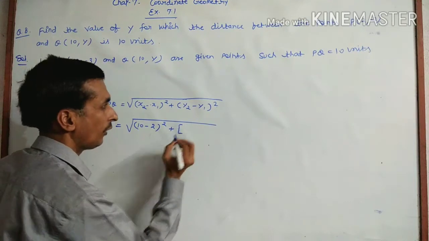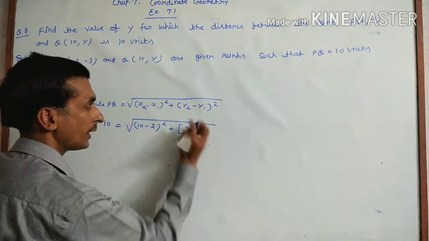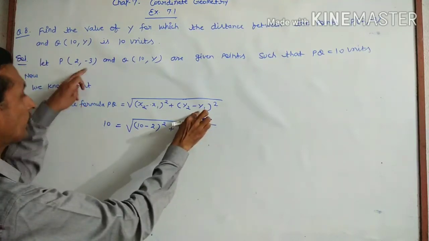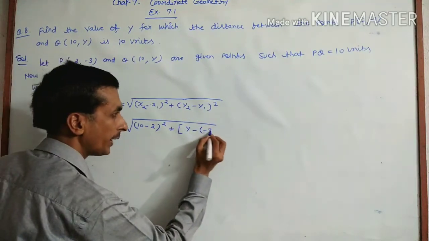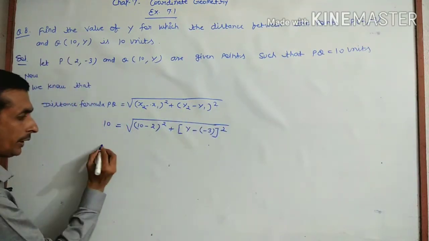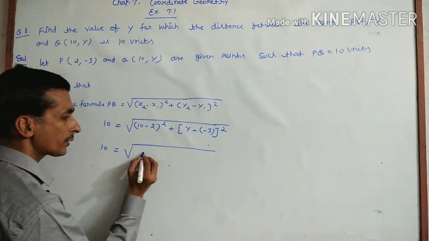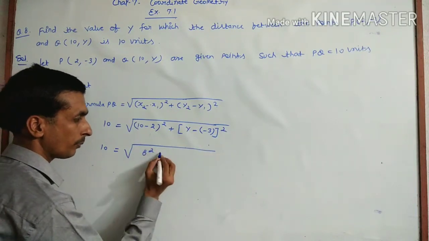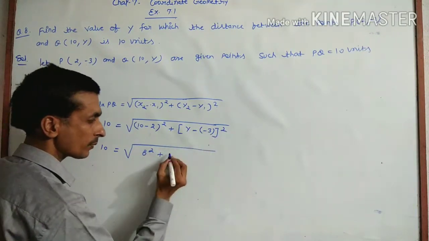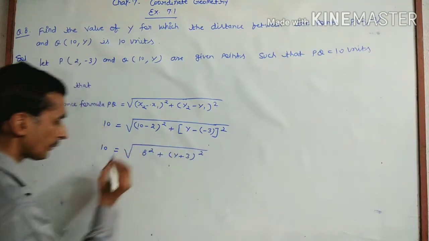So value of y2 is y, you have to write minus sign as it is, and value of y1 is minus 3, you can write in bracket and whole square. This one is complete. 10 as it is. Now you can write 10 minus 2, it's 8 square plus y minus minus plus y plus 3 whole square.